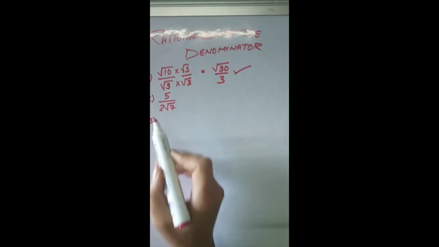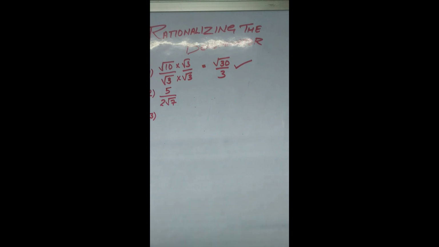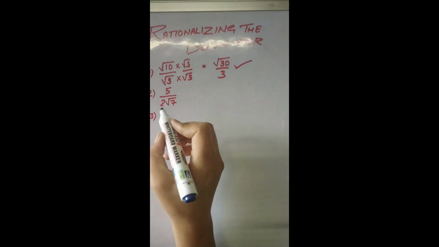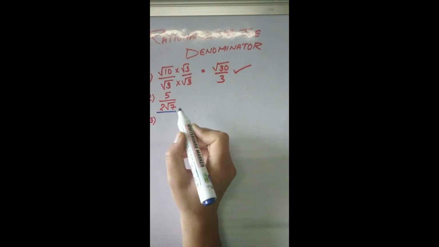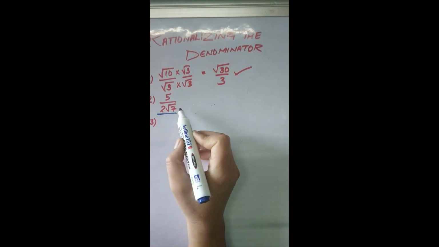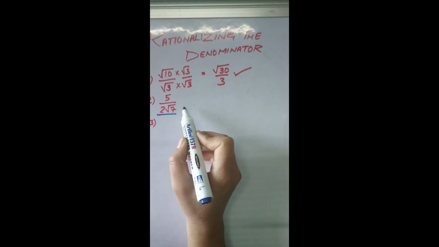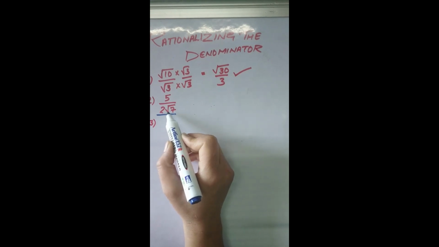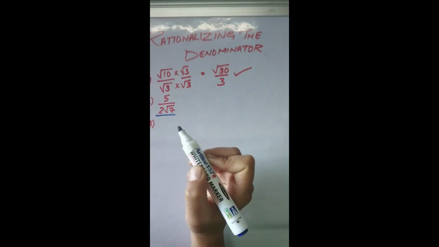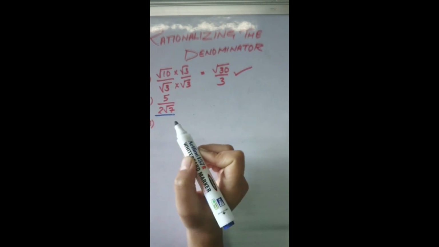Now the rationalizing factor for 5 over 2 root 7. As we have to rationalize the denominator, we'll focus here. What is the rationalizing factor? If you are thinking 2 root 7, yes, it is a rationalizing factor, because when you multiply 2 root 7 by 2 root 7, you'll get 28, which is rational.